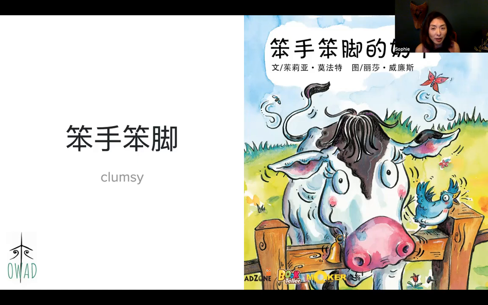And this 笨手笨脚, it has to be a contemporary Chinese translation, just because of the way it looks, right? It doesn't really sound ancient enough to me, but that's a capturing of the corresponding concept of clumsy.